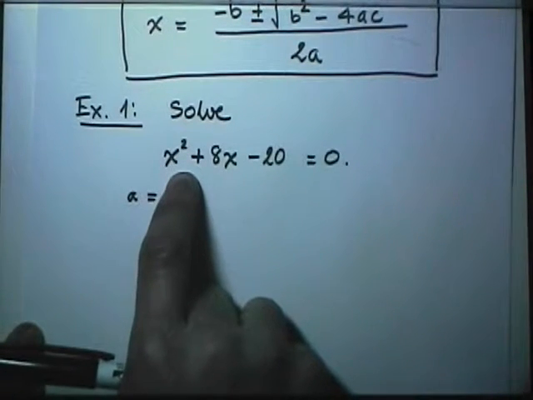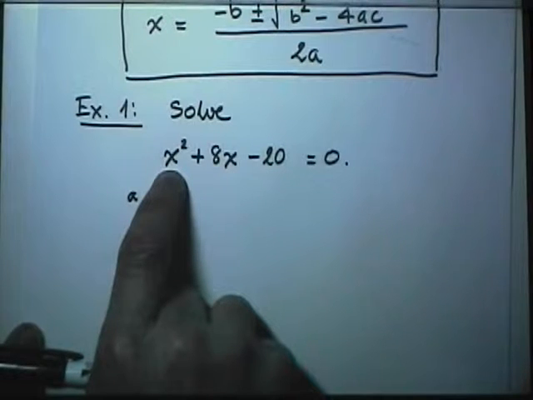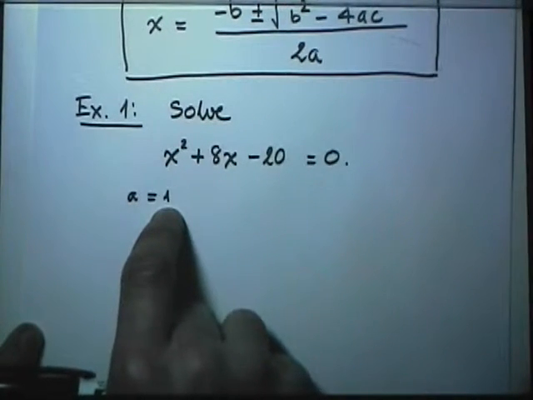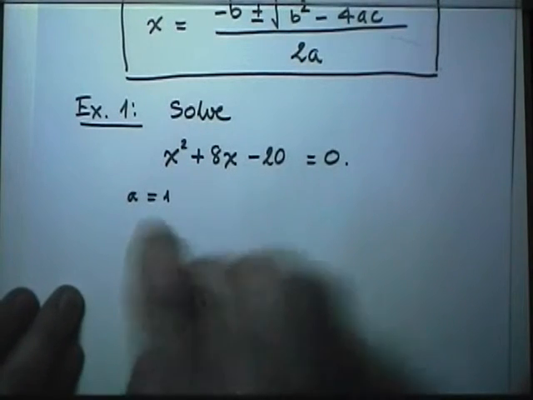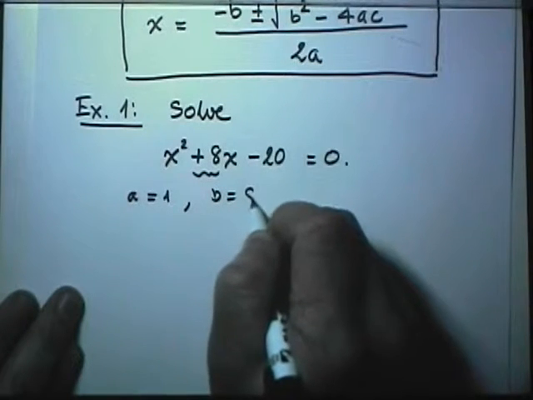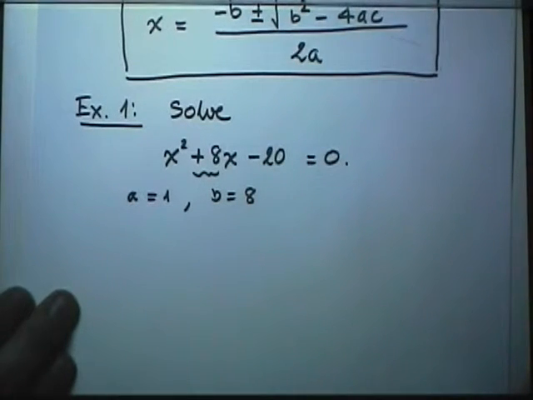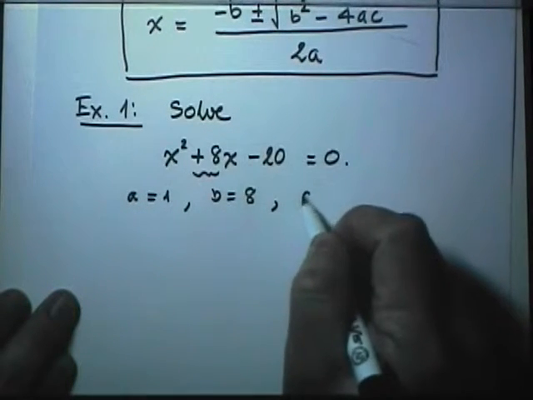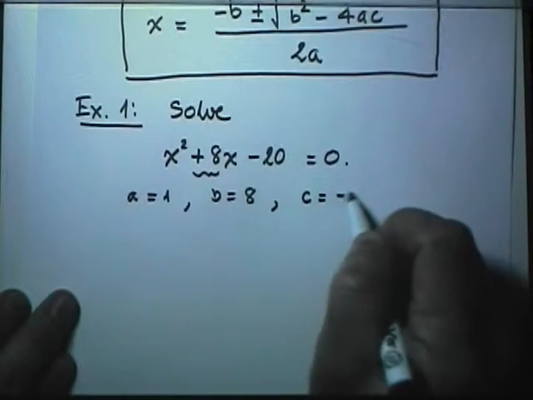I have mentioned this so many times: seeing nothing in front of the x squared doesn't mean there's a 0. It means a equals 1. B is positive 8, and once again, do count signs. Your c term is minus 20.